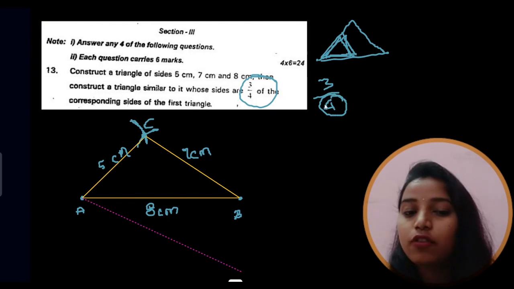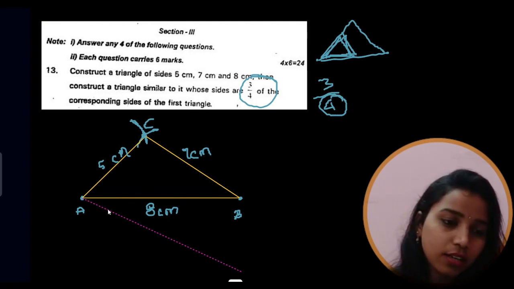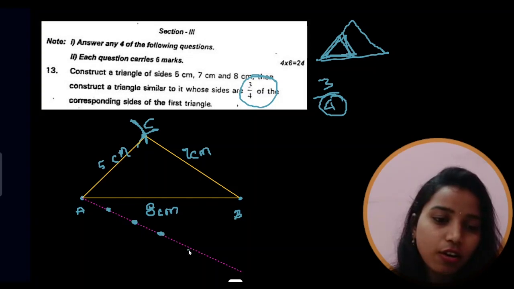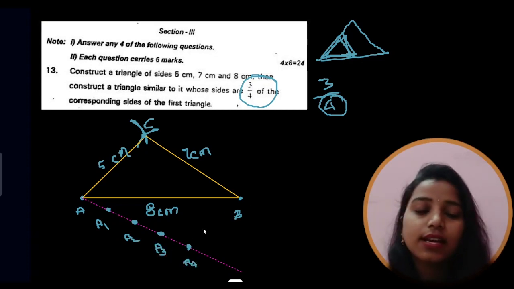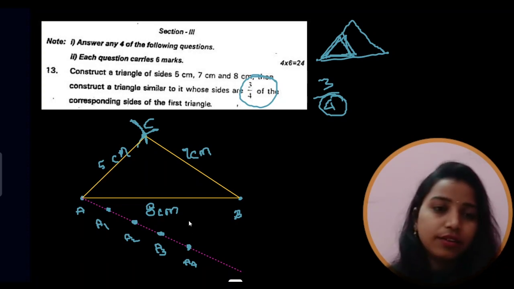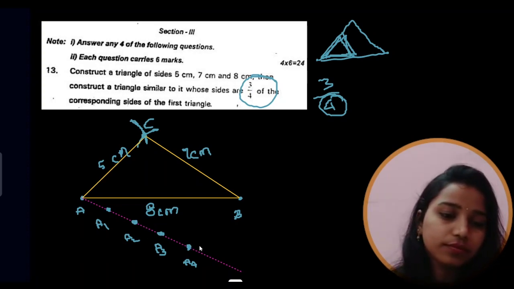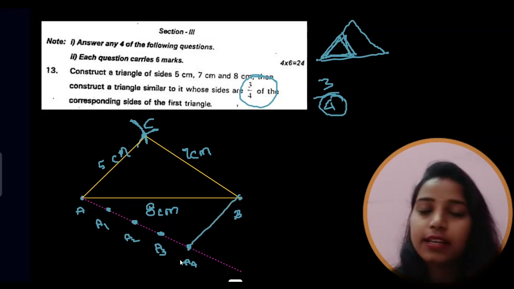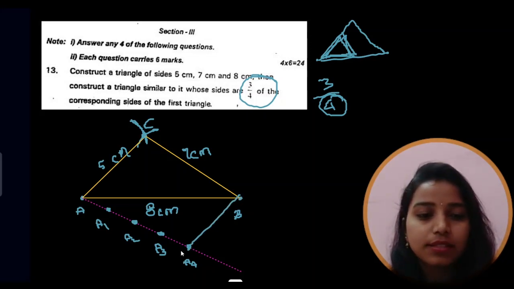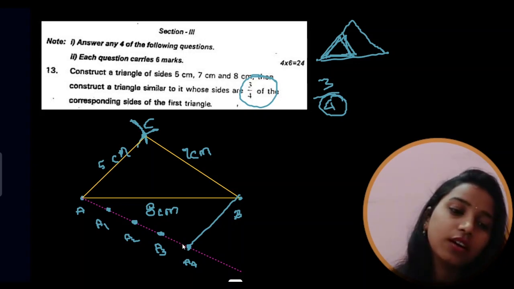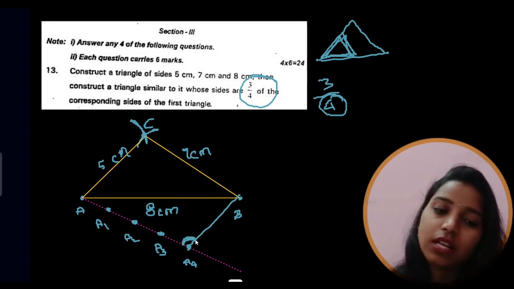So 4 equal distance points we need to mark here. So 1, 2, 3, and 4. First of all, let's take it is A1, A2, A3, and A4, right? And from here, you just need to draw a line here. Okay, so what happens here? You need to know this angle, right?